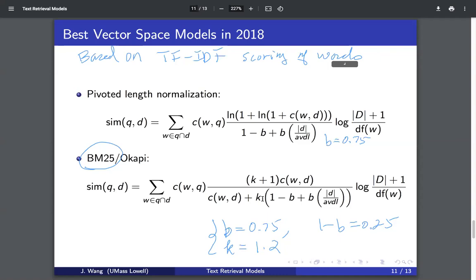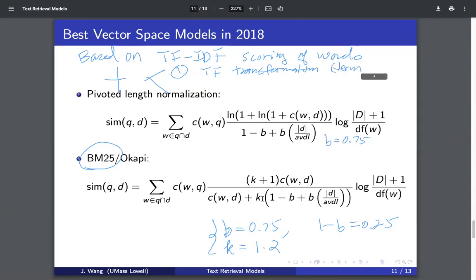And what we do here is that instead of directly using TF-IDF, we added two things. One is TF transformation, which is sort of like a term normalization, if you want to think of it that way.